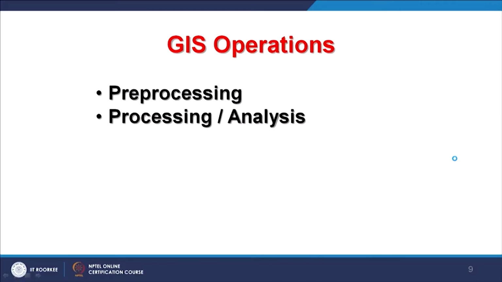And then another one is called processing, not post-processing. So, it is processing or real analysis, which involves your advanced or compound analytical operations, where you may go for modeling or an expert system and other things.